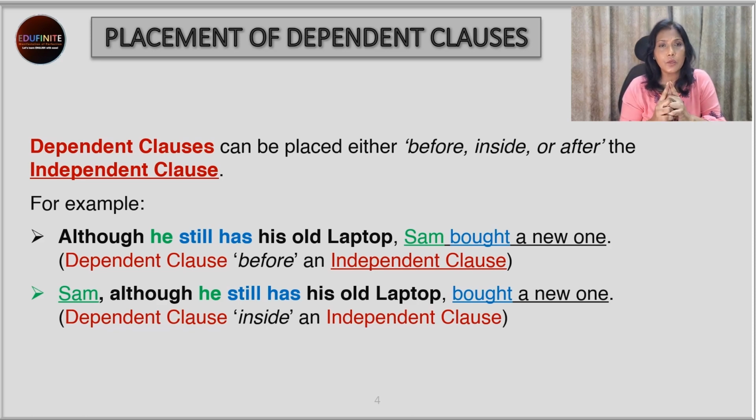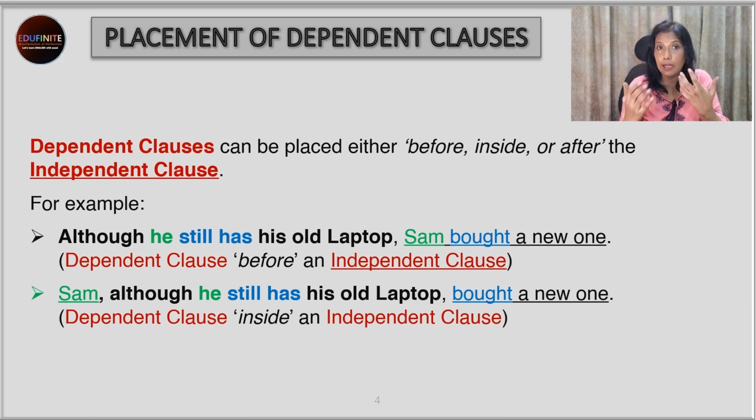So whenever we do this, that is, we insert the dependent clause inside the independent clause, we have to begin and end with a comma. So after Sam, since the dependent clause is beginning, we have put a comma after Sam, and after the dependent clause ends, that is, although he still has his old laptop, we put a comma and then complete the independent clause, bought a new one.